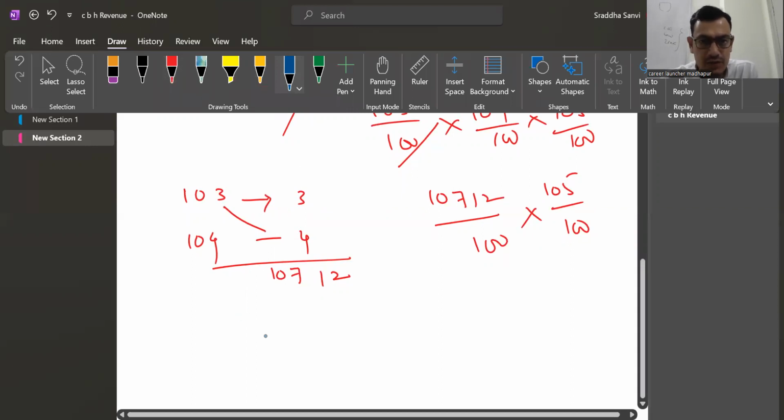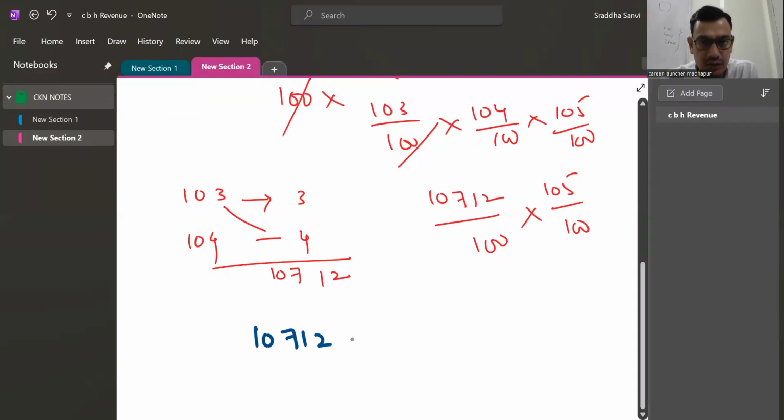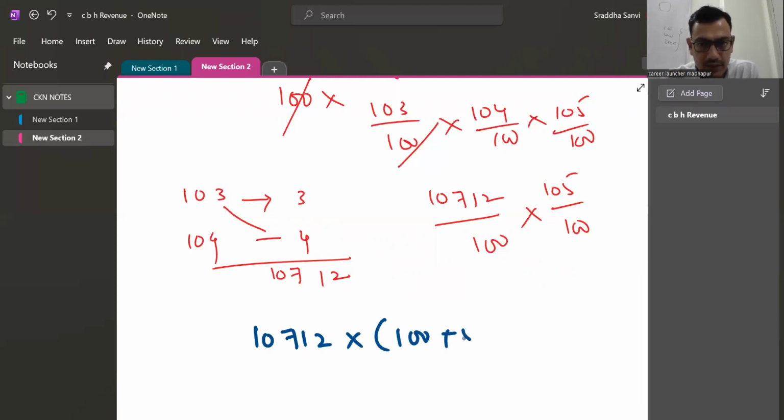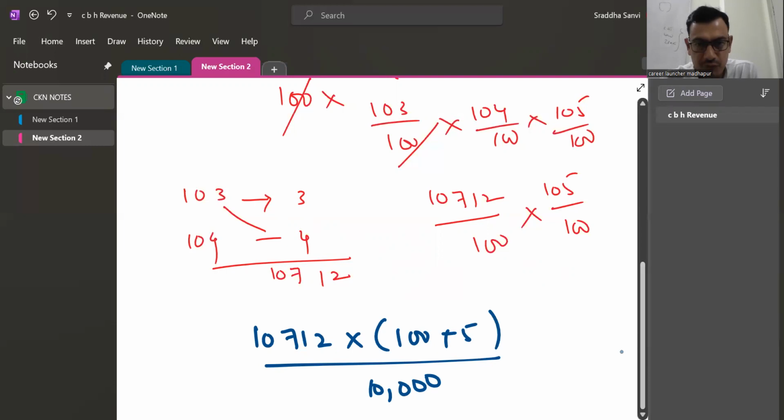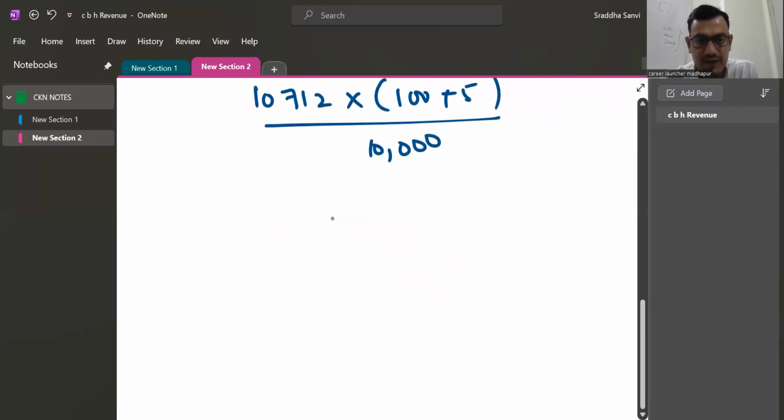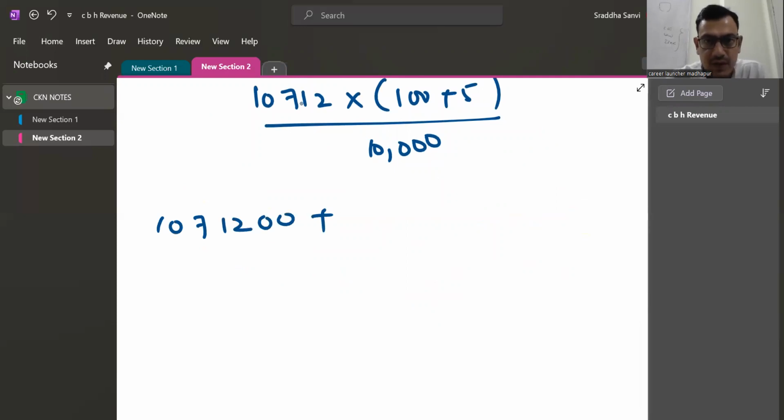Now this is 10712 into 100 plus 5 divided by 10,000. This is my value. So if you have to understand this method, my friends, please pay more attention. 1071200 plus 5 into this one: 5 2s are 10, 0, 1; 5 plus 1, 6; 5 7s are 35, 3; 5 1s are 5.